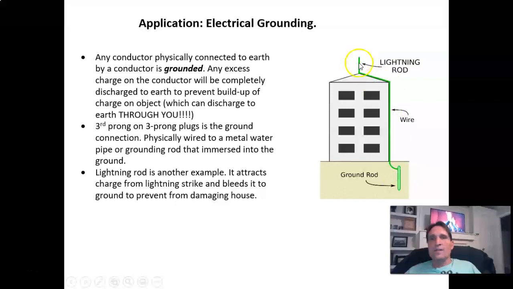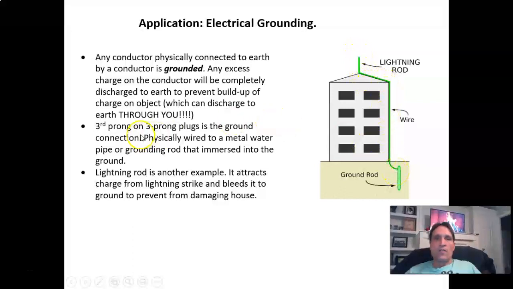So any metal that's connected through a wire to ground, we say is grounded. And the whole purpose of that is to prevent charge from building up here on the roof or anywhere else on this building, in your house. So it's harmlessly bled to ground.